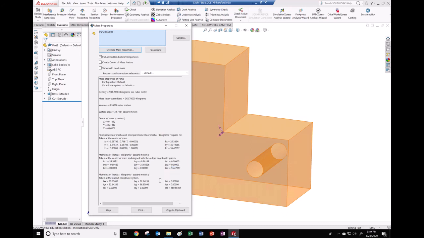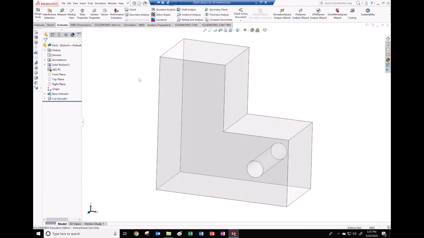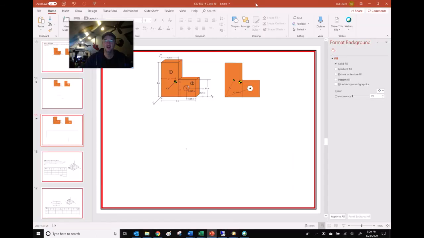And then again, my first answer for the moment of inertia about the z-axis was 179.7. Here I get 180.5. So it wasn't completely successful. I demonstrated a pitfall of not being very, very careful, and I should have been. But now I've made a 26-minute video, and you're supposed to keep these short, but I didn't do it.